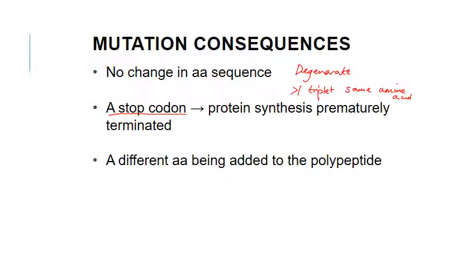This would change the primary structure of the polypeptide, and a change to the primary structure may result in the formation of bonds, so those hydrogen or ionic or disulfide bonds, in different positions.